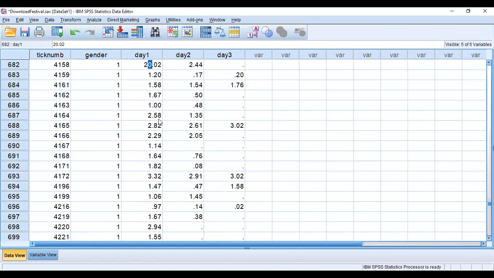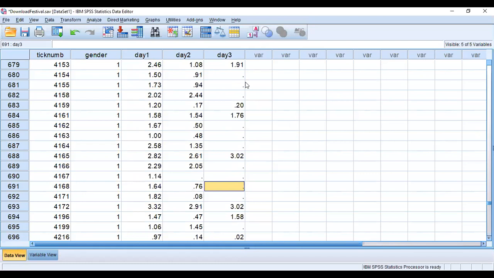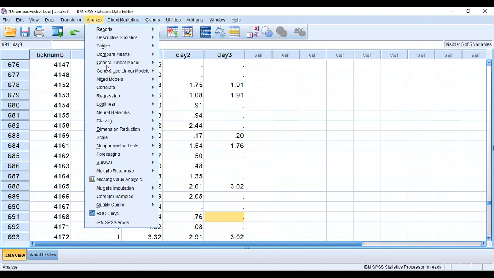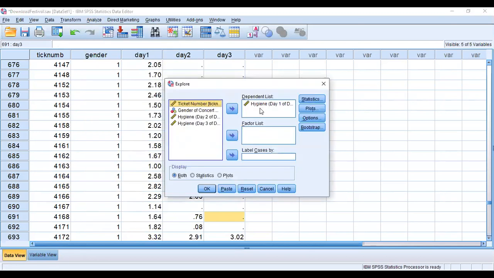So I will correct it, save my file, and again find the descriptive statistics. So how will I find it? I go to Analyze, Descriptive Statistics, and Explore. In Descriptive Statistics, by default this particular variable was in the dependent list.